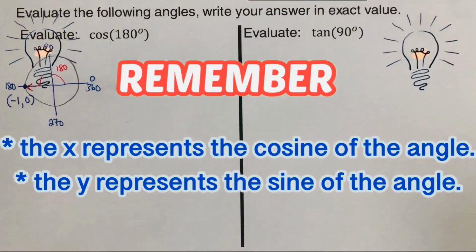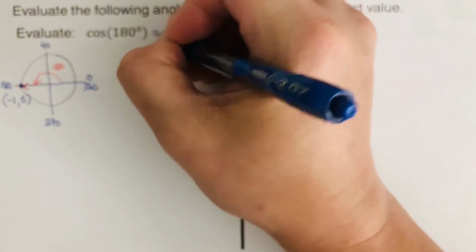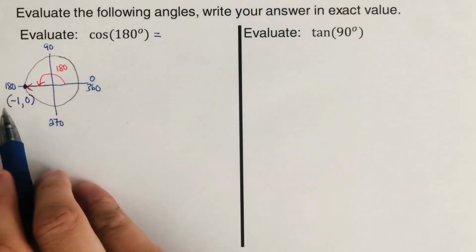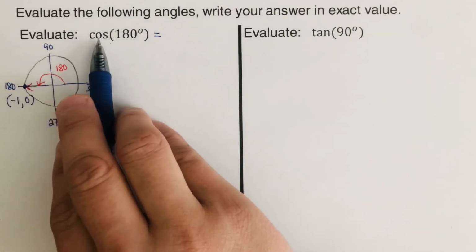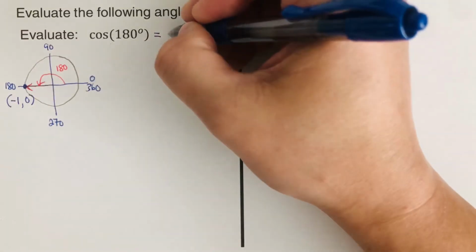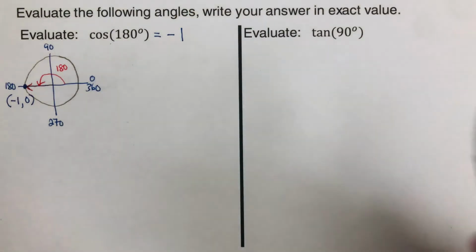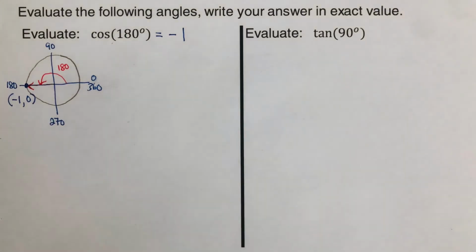So then we can go ahead and say that our cosine 180 is actually, we just look at this value right here. That would be cosine is represented by x value. So then we go ahead and say that cosine 180 is -1. At this time, I would encourage you to pause this video and try this problem out on your own. And when you're done, unpause it and check your answer.